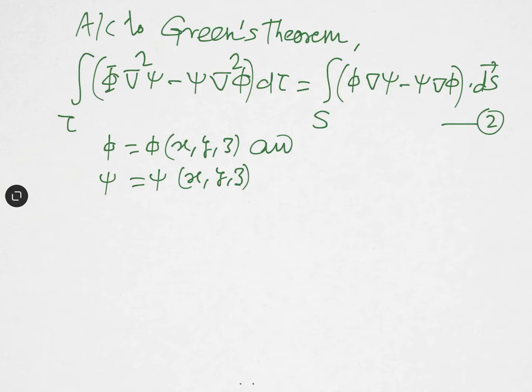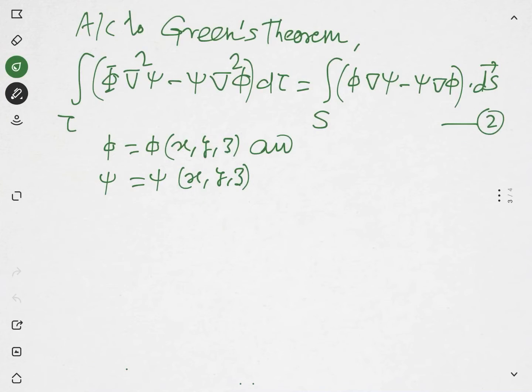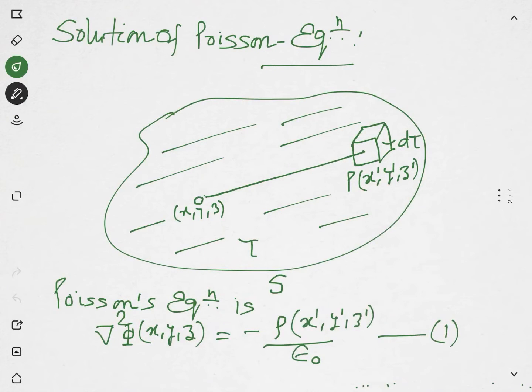Actually, this existing problem may be dealt as if we are given the function rho of x prime, y prime, z prime. As you see here, this rho will be given and we will have to find this potential phi.